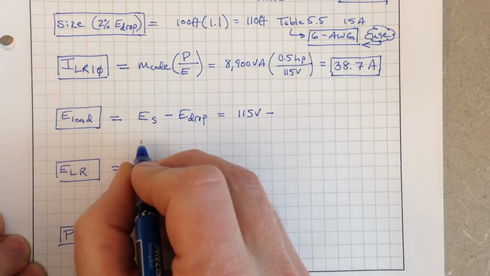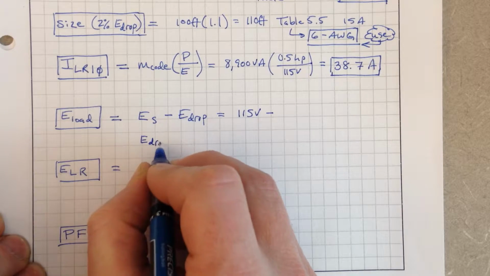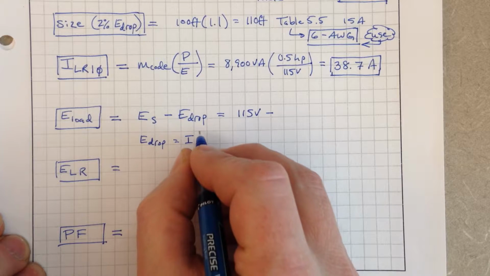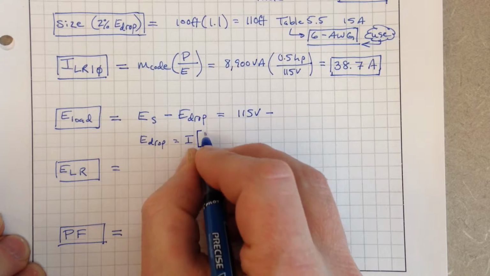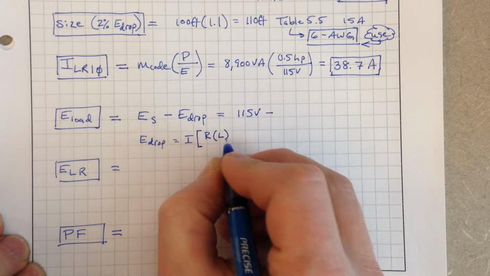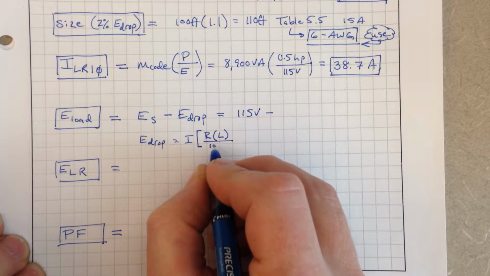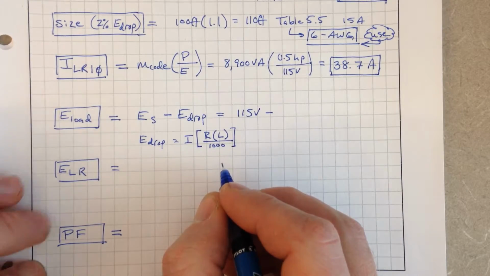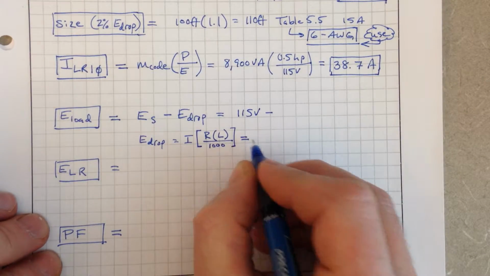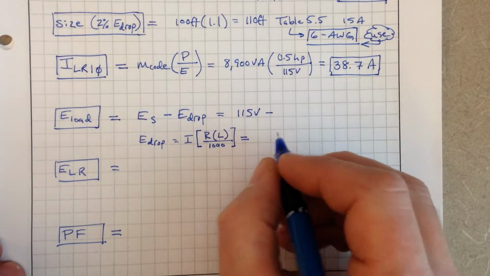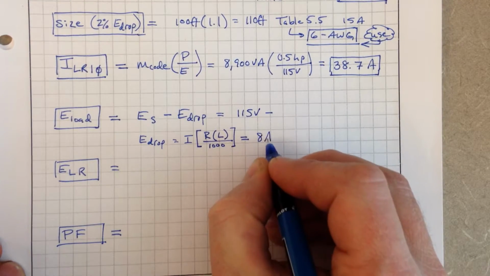To determine my voltage drop, that is going to be my current times my resistance of the conductors times my total length divided by 1,000. So, a couple things we've got to be careful of here. We're going to put the nameplate current, the 8 amps.